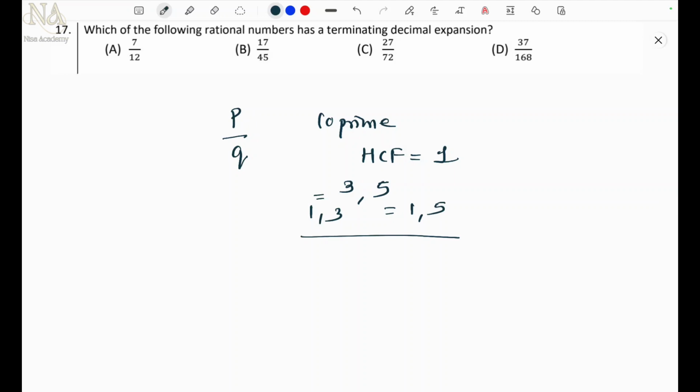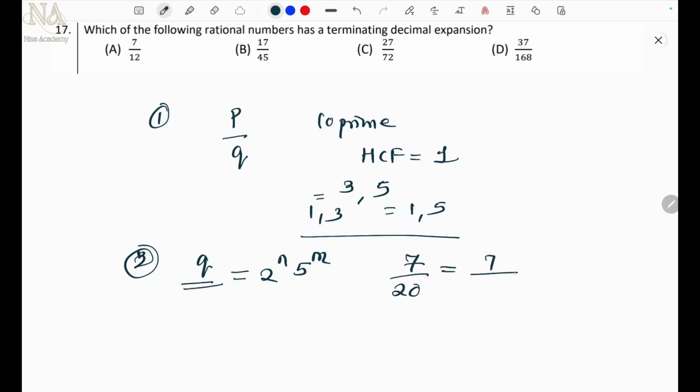So first you have to check whether P and Q are co-prime. Then second, you will check the denominator Q. If the denominator is of the form 2 raised to n into 5 raised to m, then you can say that the rational number has a terminating decimal expansion. See here, suppose the number is 7 by 20.